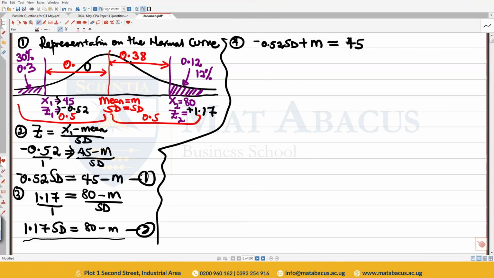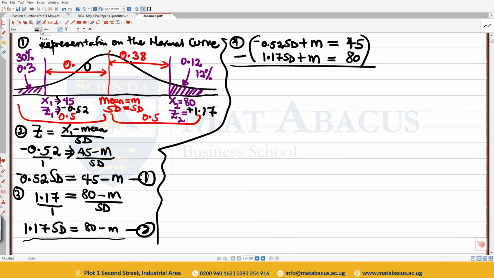And then the second one would be 1.17 SD plus M is equal to 80. I have simply put the two equations with the unknowns together. When you want the M's to die, you subtract.